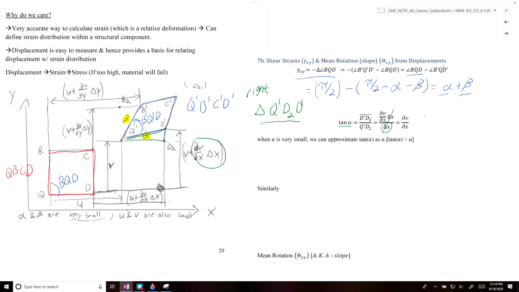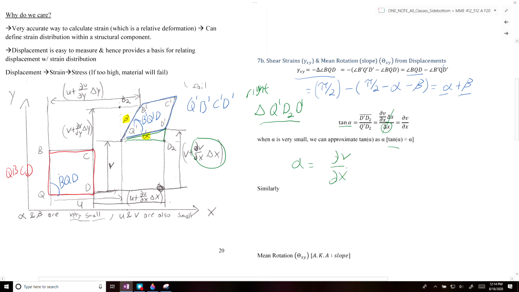When alpha is really, really small, we can approximate tangent alpha as being equal to just alpha. So alpha would be equal to dv dx.